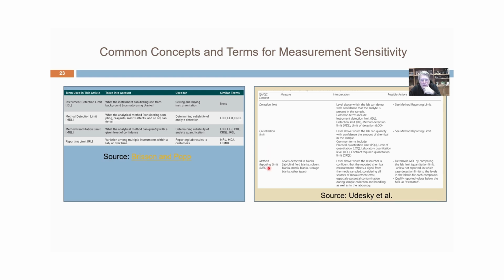And then the third is method reporting limit, or reporting limit. This would be the amount that the instrument can detect, the instrument can quantify, and it's also an amount that's greater than the amounts you find in samples that you expect to be free of the substance of interest, so-called blanks.